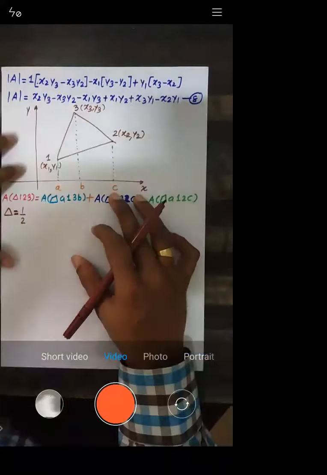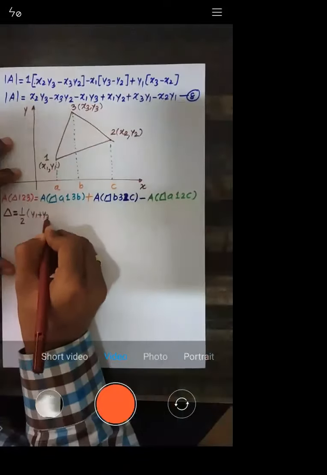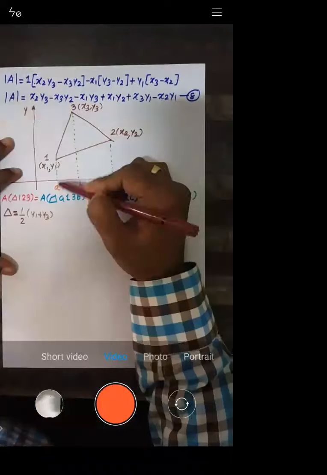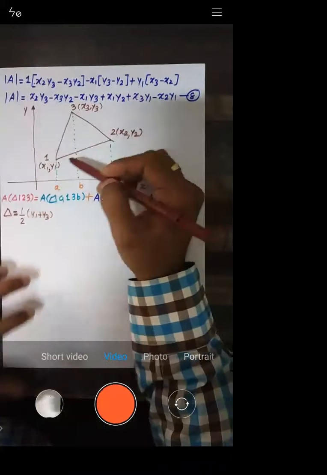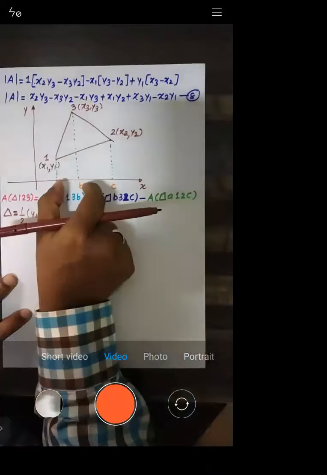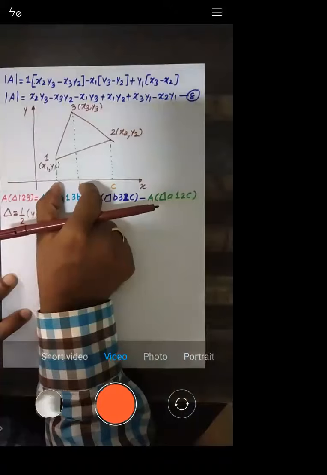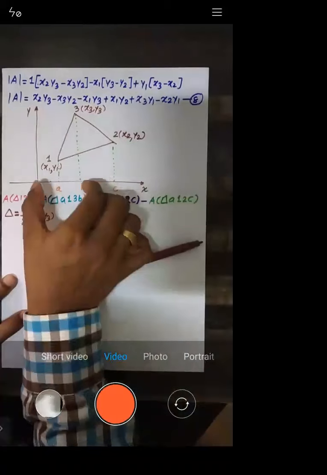So we take half into y1 plus y3, the average of y1 and y3. And this side measures x3 minus x1, because this is x3 and this is x1.